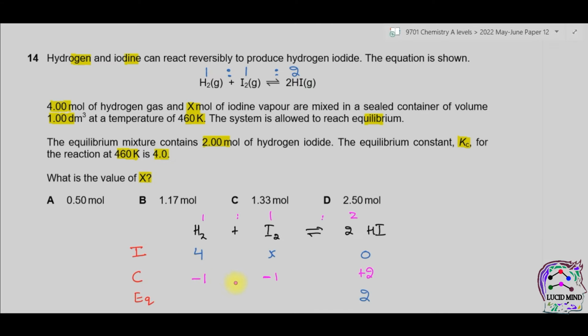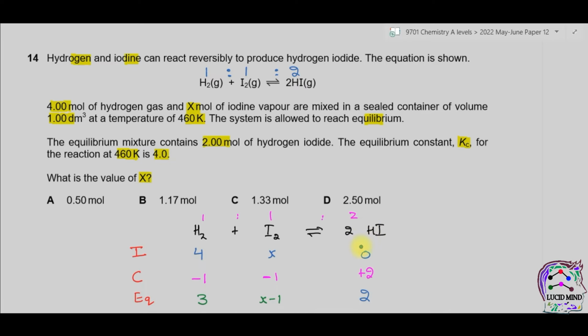The change of reactants is minus 1 because reactants decrease and product always increases. So at equilibrium we have 4 minus 1, which is 3 moles of hydrogen. X minus 1 for iodine, since we do not know the value of X. And we have 2 of hydrogen iodide.